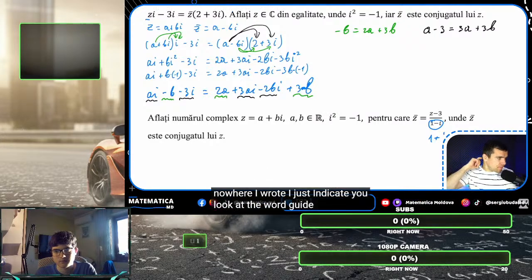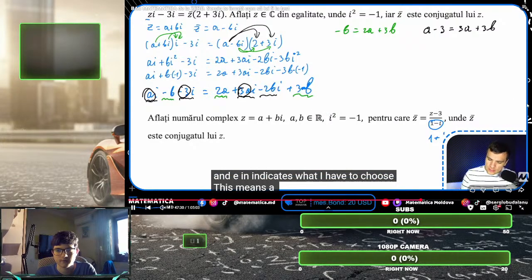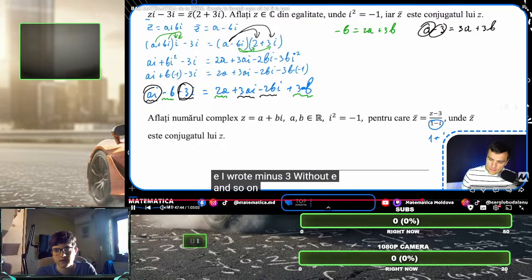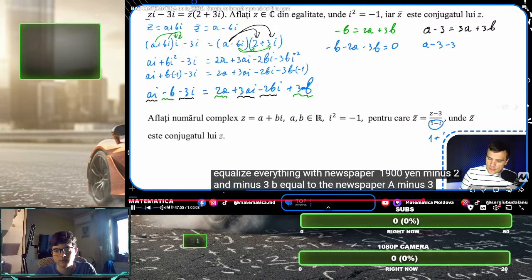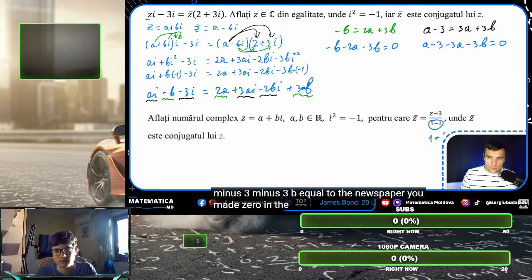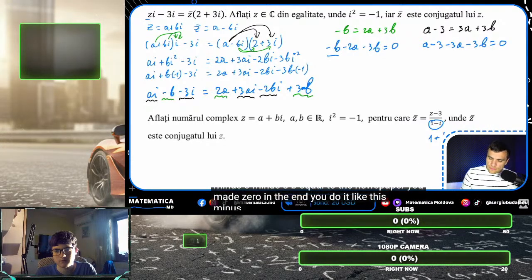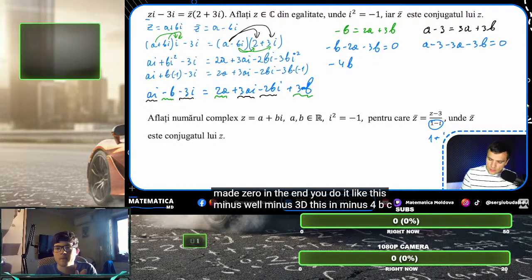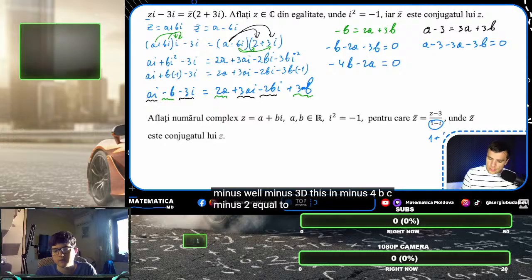It's not like till the end. You just have an expression, not a regular number. So minus b minus 2a minus 3b also equals 0. And so basically everything to the left and equal to 0.